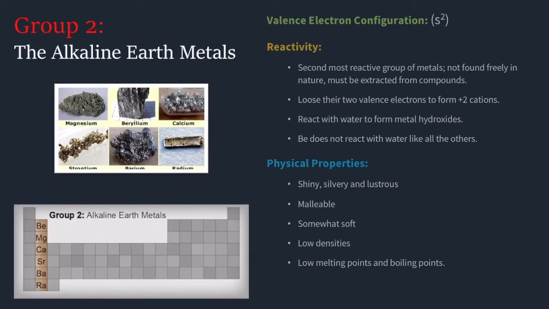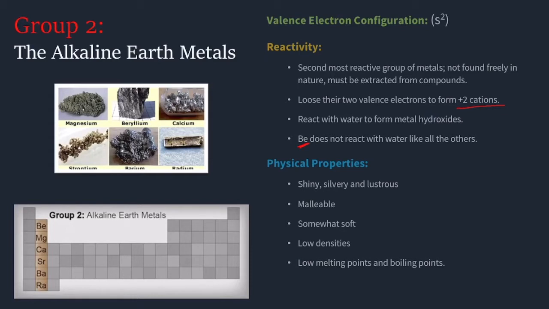So they're in group 2, they have 2 valence electrons, and they're metals, so they tend to lose those, and they form +2 cations in chemical reactions. These tend to react with water to form metal hydroxides as well, but beryllium is actually the only one that does not react with water like all the other elements in the group.